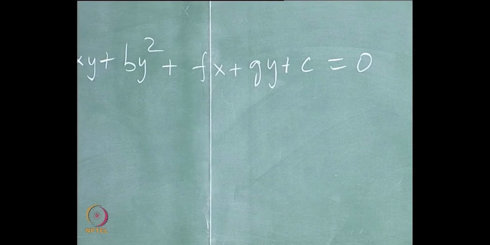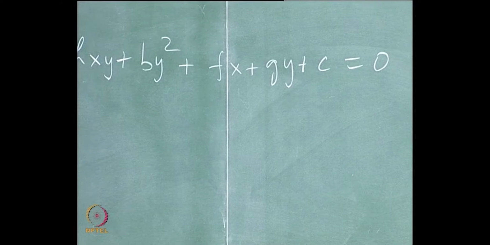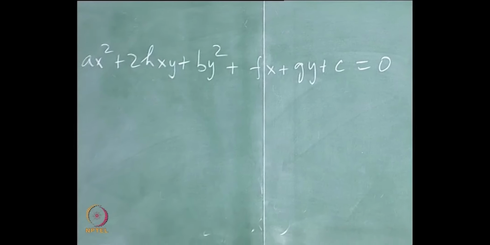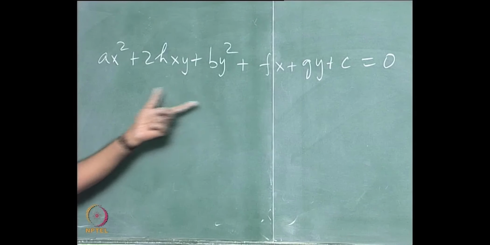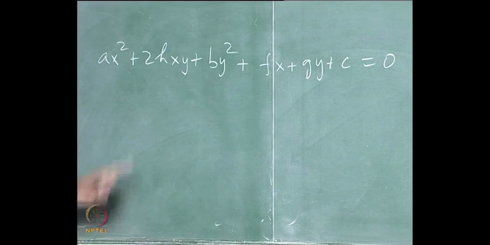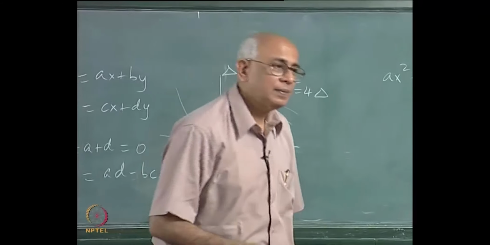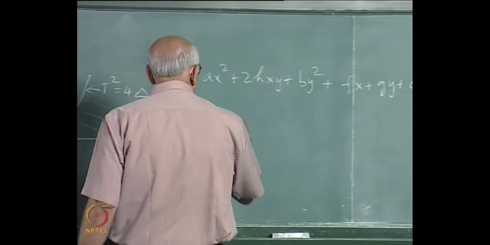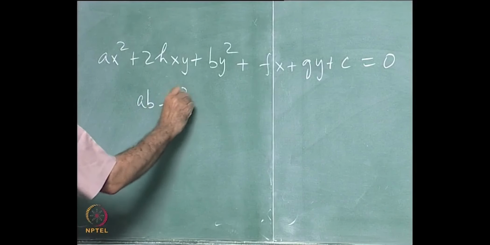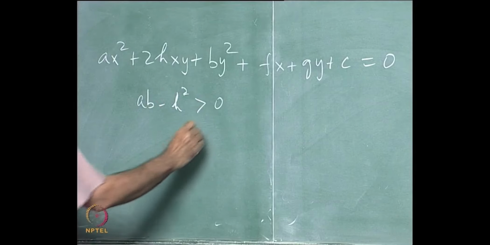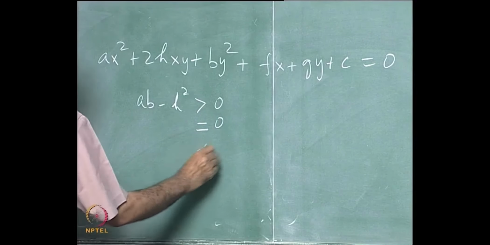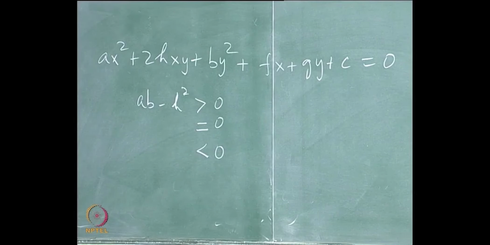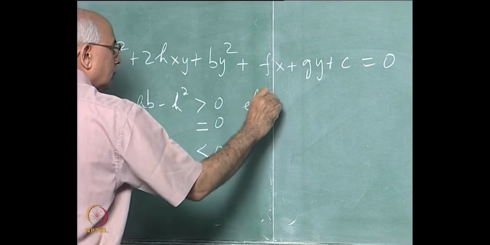Under what conditions is this an ellipse? What is the condition on these coefficients? This describes a conic section, it is an equation of the second degree. So under what conditions do you have an ellipse or a parabola or a hyperbola? Yeah, when you have AB minus h squared greater than 0, this is an ellipse. When it is equal to 0, you have a parabola, and when it is less than 0, you have a hyperbola. So this is ellipse.